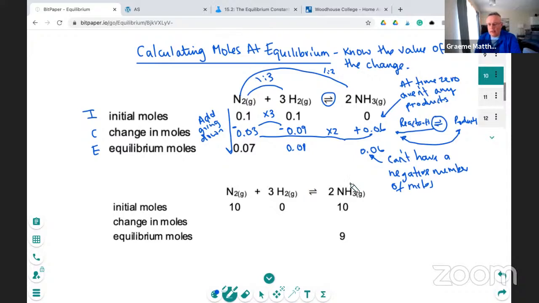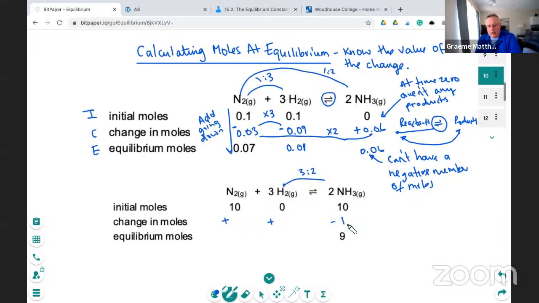I picked the next one because it's negative on the left, isn't it? You think you start off with 10 and you end up with 9, obviously you've lost 1, right? So this side's going to be negative and this side's going to be positive. This is obviously a 3-to-2 ratio.